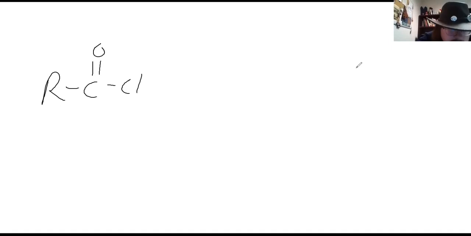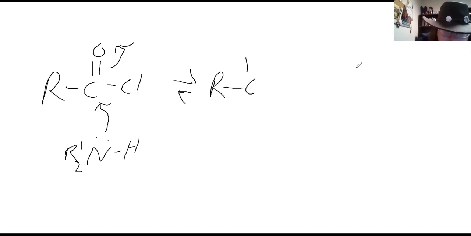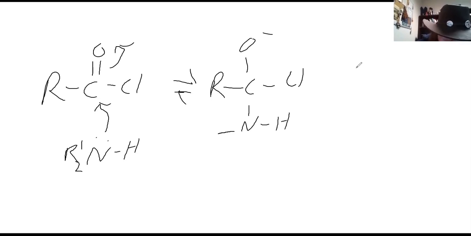We have some sort of amine, R2NH. It attacks there, kicks that up, reversibly, of course. We have our RCO minus Cl and H, R.